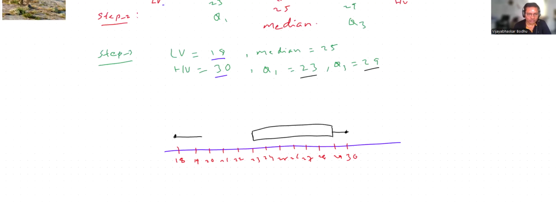Now what about the median? The median is 25, which is here.